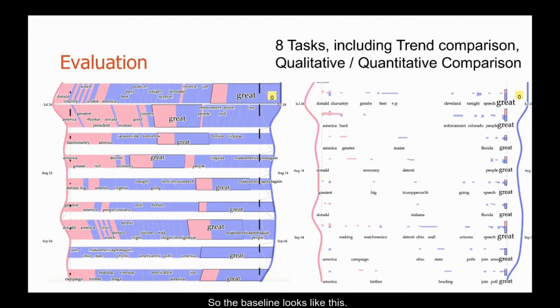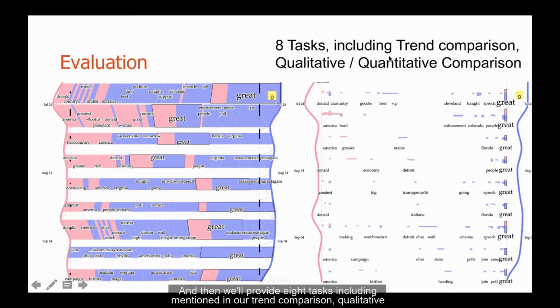The baseline looks like this. We keep the data consistent, we keep the timeline design, and we use histograms here. The height indicates the frequencies, and the order is the same as our CodeBridges, but using absolute values in global scales.